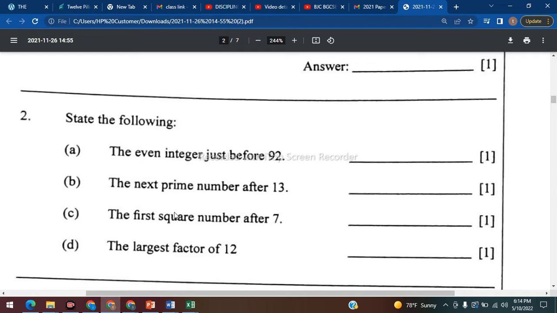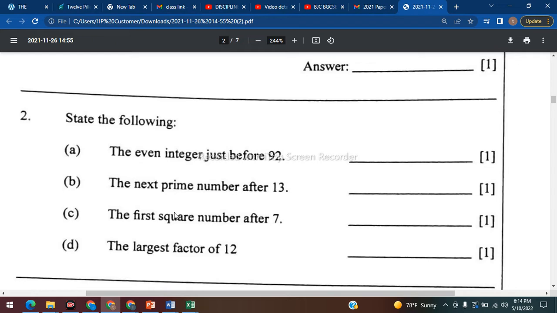16. 4 times 4 is 16. Good. And after 16, 25. Very good. After 25, 36. After 36, we get 49. Very good.